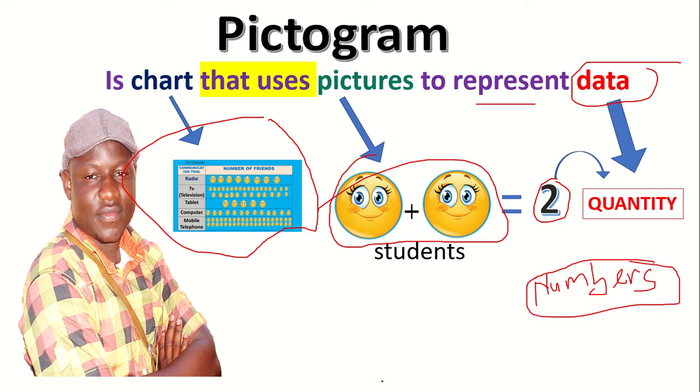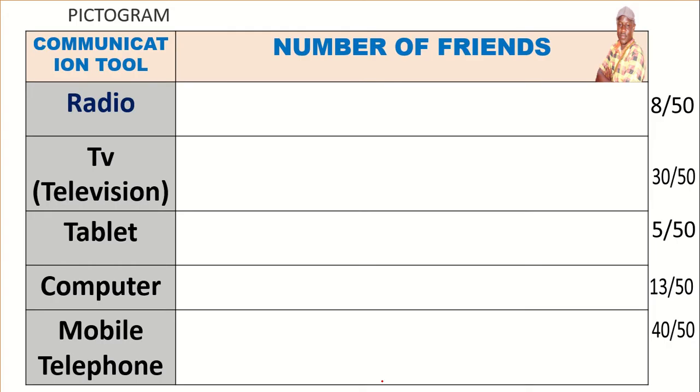Now, let's see the work that I was talking about here. Record the number of friends who use these communication tools. We have the radio. How many friends use the radio?